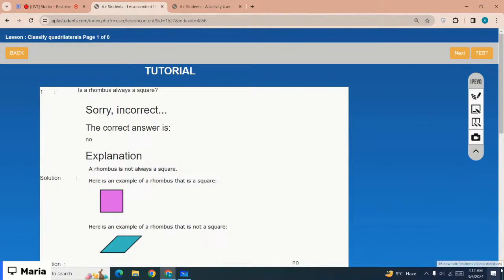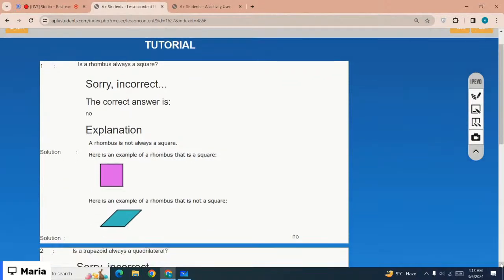Is a rhombus always a square? No, a rhombus is not always a square, right? A rhombus is a four-sided shape. A square is a four-sided shape, and a square is a rhombus, but a rhombus is not always a square.